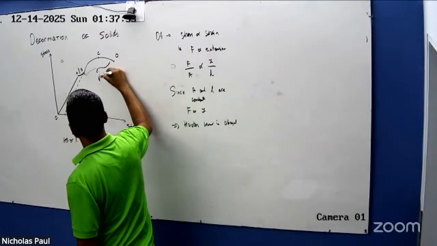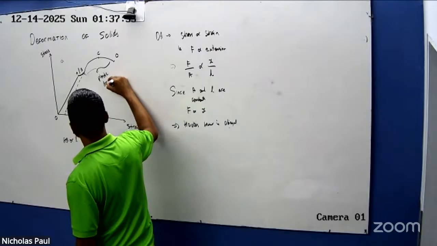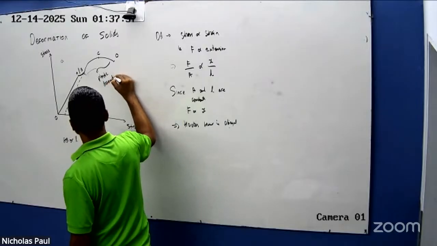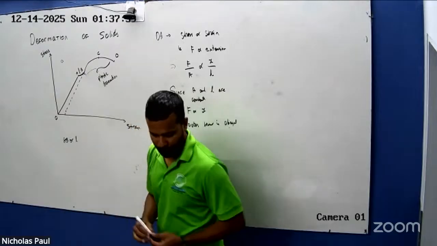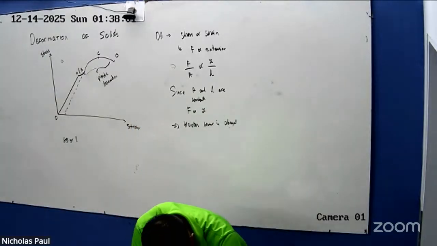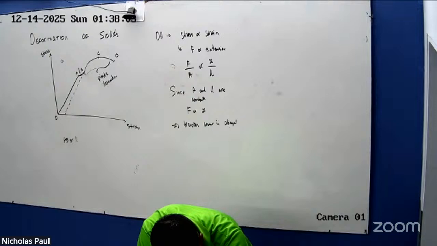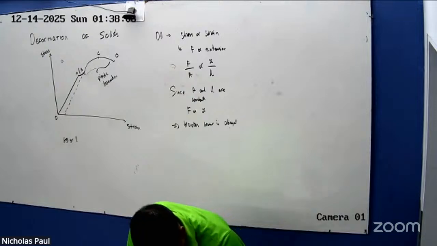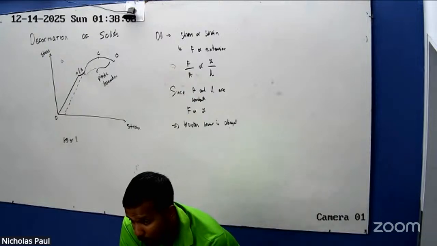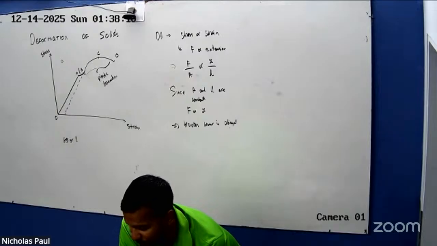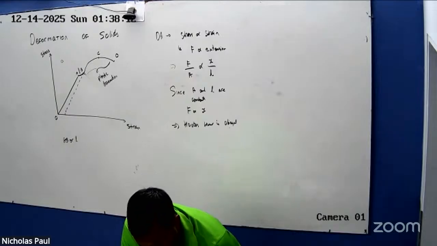That is what we call plastic deformation. Put in bracket, the strain is permanent.